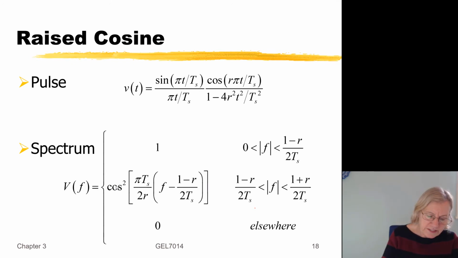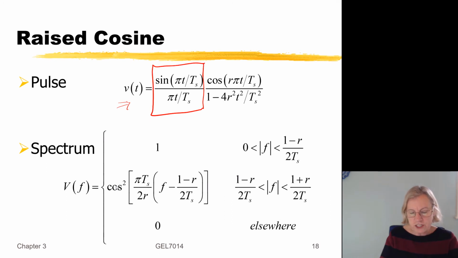We're going to look first in the time domain at what this pulse shape looks like. First of all, I'm going to identify here, there's the sinc function. And now we have here the cosine, and this is where we get the name raised cosine. So we're multiplying by this other term. And it looks a little funky in the time domain, but let's look at what the frequency domain looks like for this signal.